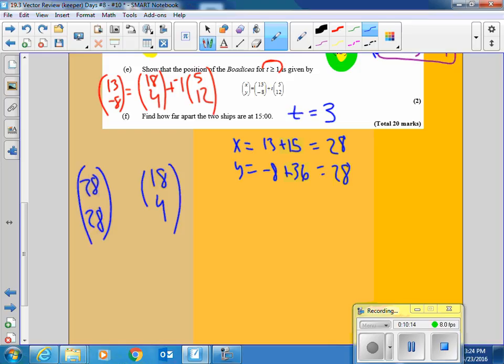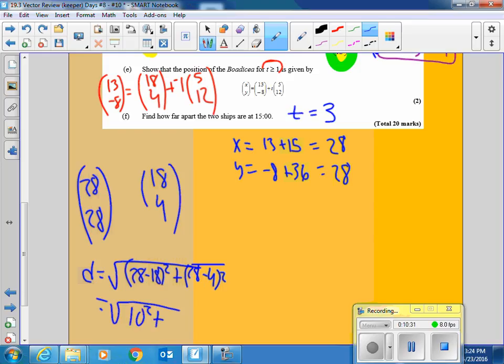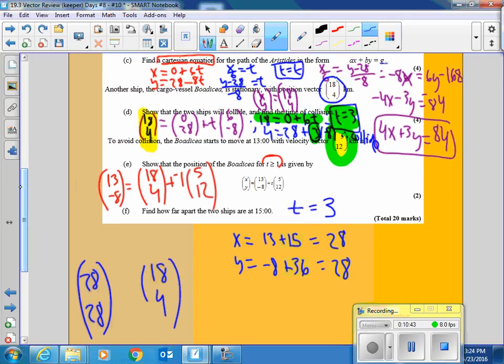So if you want to find the distance, you take the square root of (28 minus 18) squared plus (28 minus 4) squared, which is the square root of 10 squared plus 24 squared. And whatever that distance is, that's how far apart they are. Pretty nasty, but I would say for the test, if you can get everything figured out to this point, that's great.